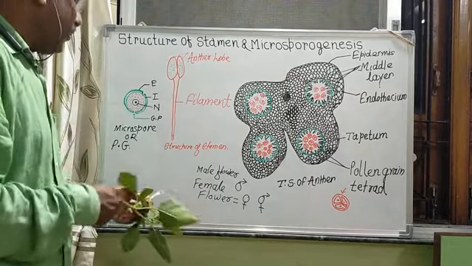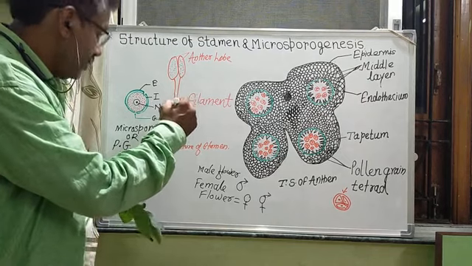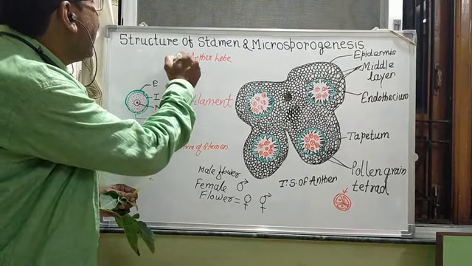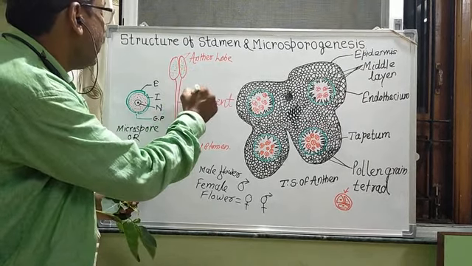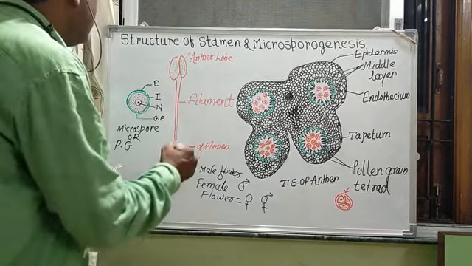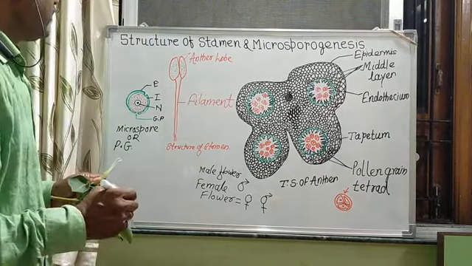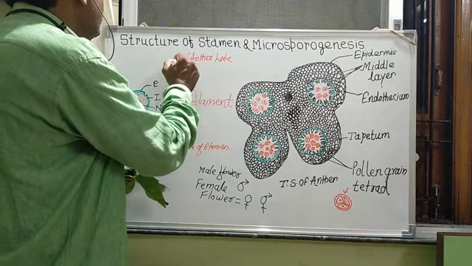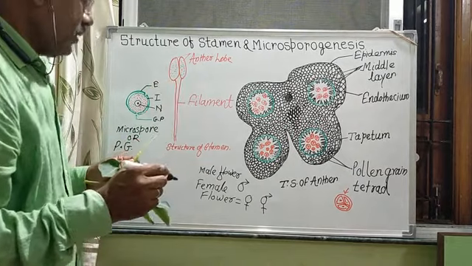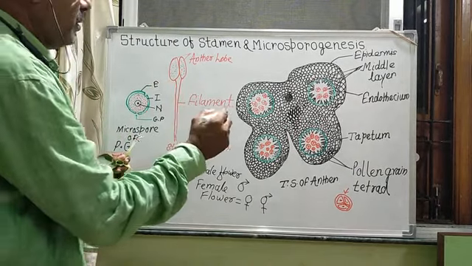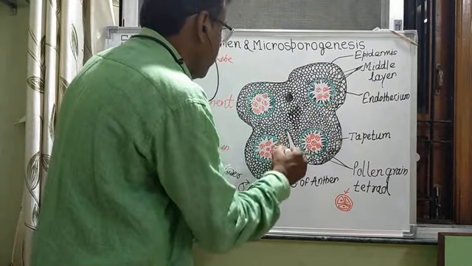The stamens have two anther lobes connected by a connective to a filament. If we take the TS of an anther in mature plants, we see these diagrams.